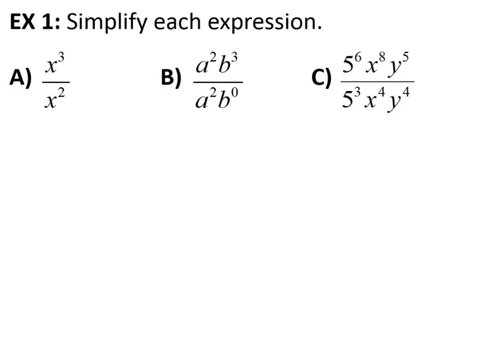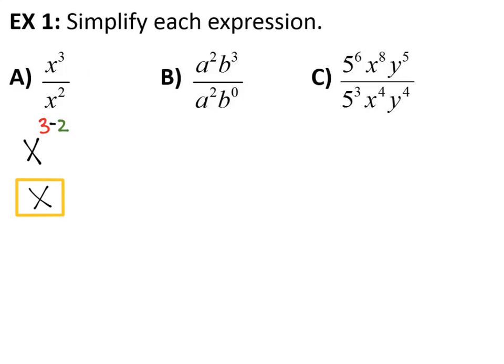So with that in mind, we're going to simplify each one of these expressions. So I want to know the quotient of this one, which we use our property. As I go through there, I notice the top minus the bottom, and that gives me just x. B is similar. I have a squared b cubed over a squared b to the 0.